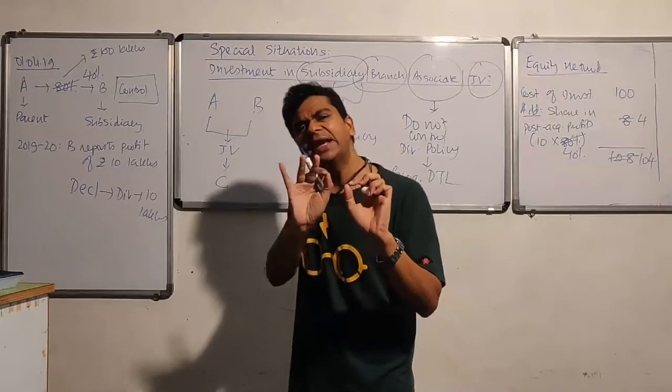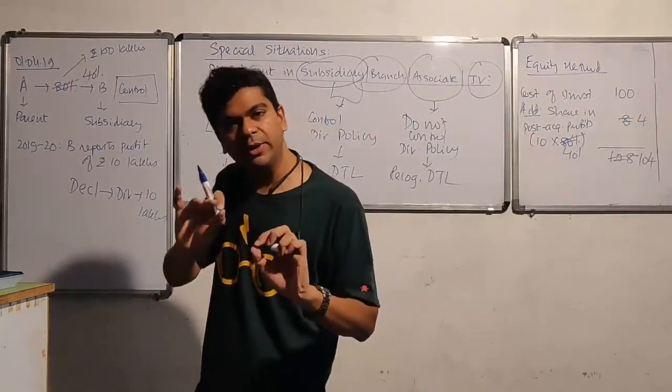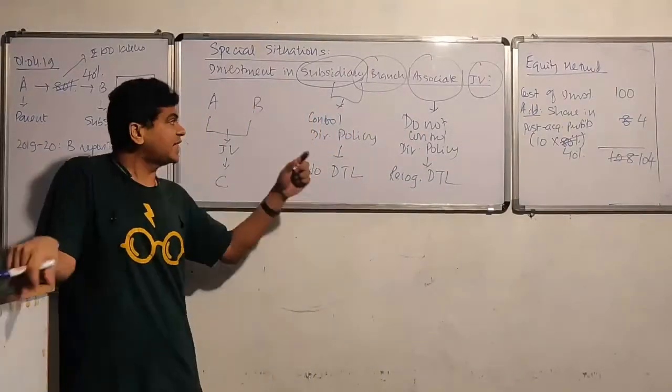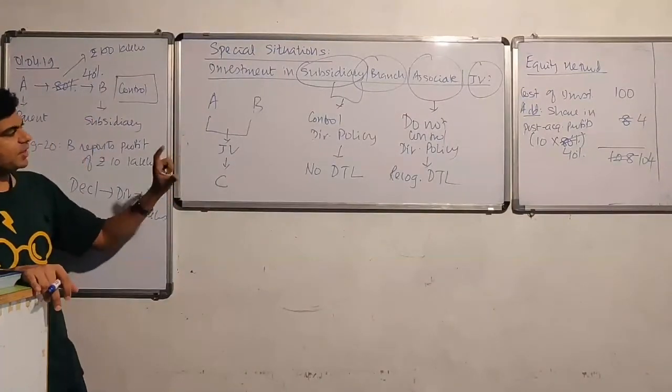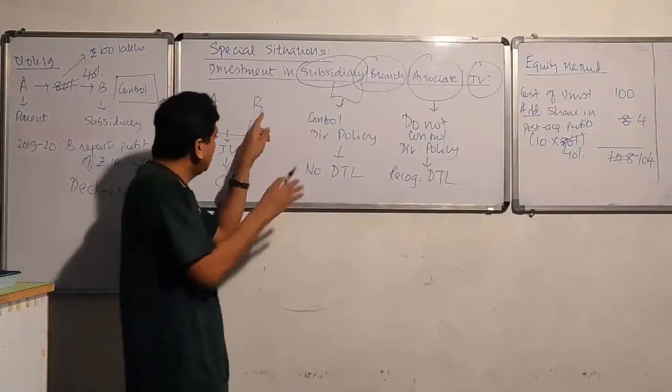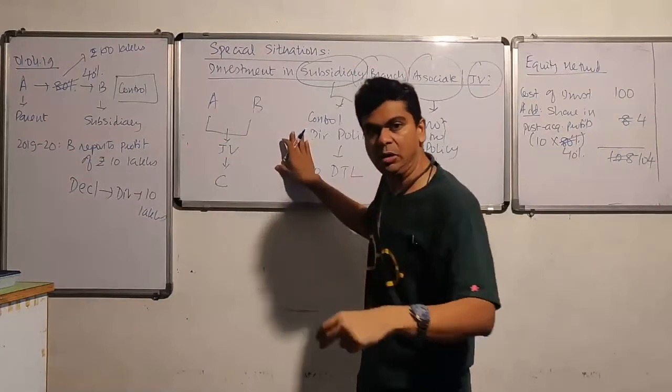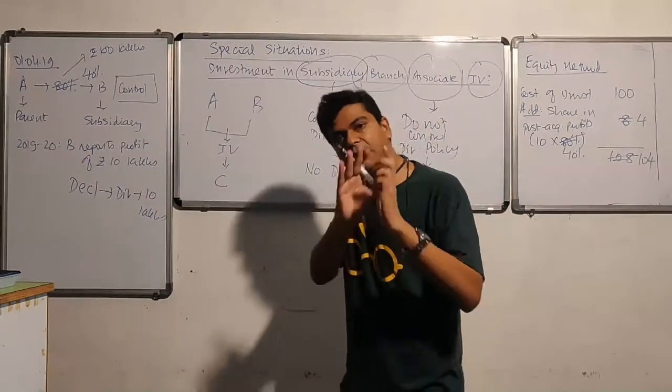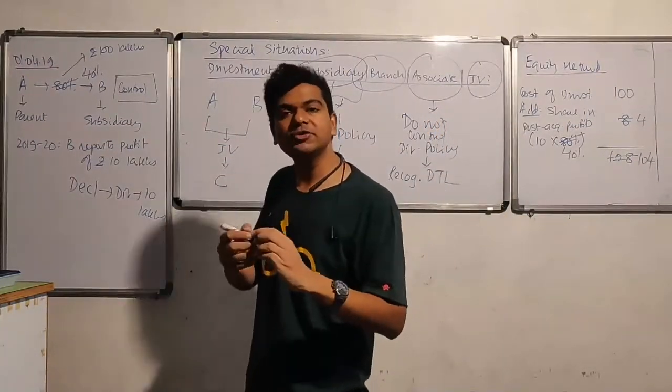By chance, if there is any clause in the joint venture agreement that the dividend policy will be decided by A, or there is something written that it will be decided by B, then yes, you have control over the dividend policy. But most of the times, no such clause will be there.